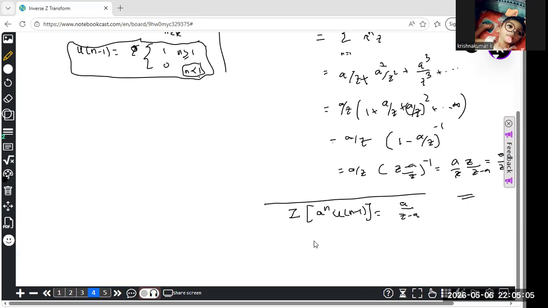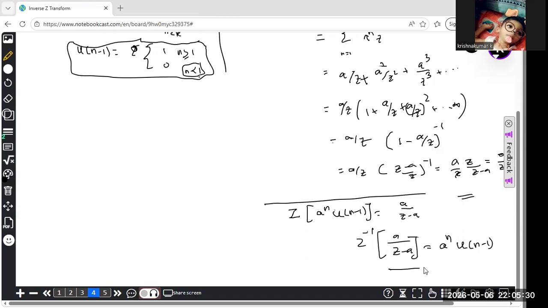And if z transform of a power n u of n minus 1 is a by z minus a, then inverse z transform of this a by z minus a will be equal to a power n u of n minus 1.